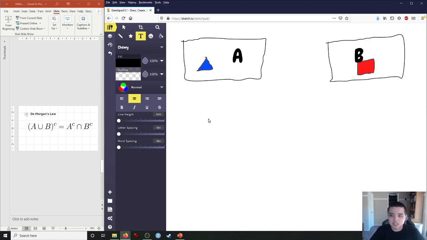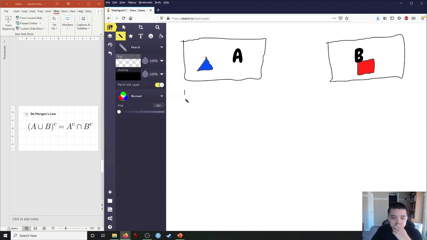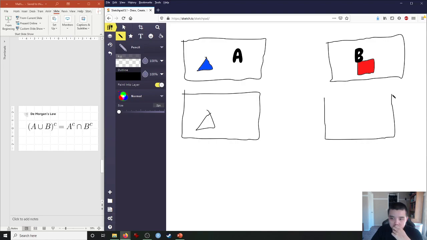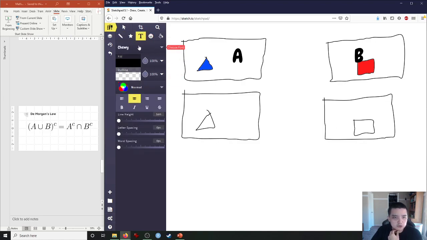So once again, we have our sets A and B. Now what I want to do is show you the complement, but of each set individually.